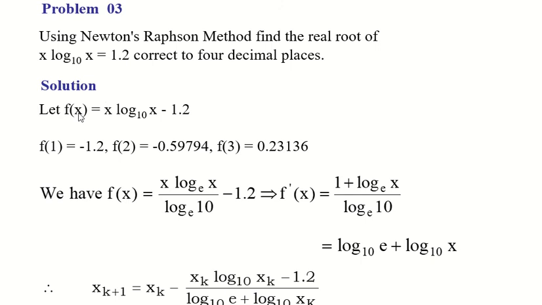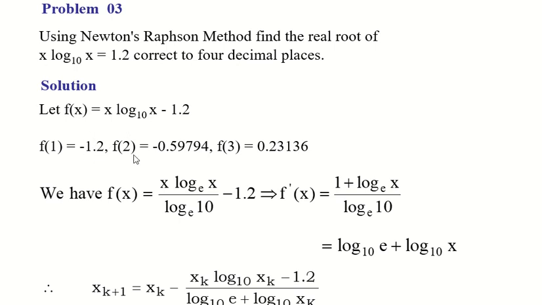Okay, take the function as f of x is equal to x log x to the base 10 minus 1.2. Find what is f of 1. f of 1, that is, put x is equal to 1. You will get minus 1.2.